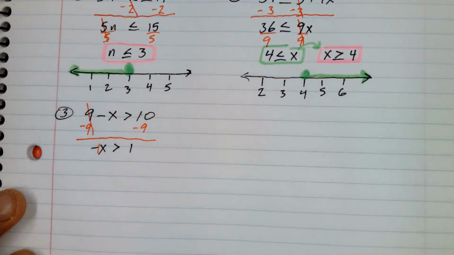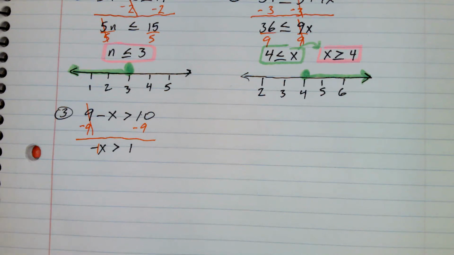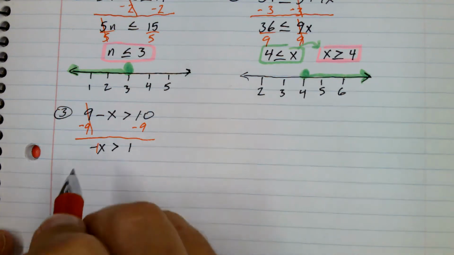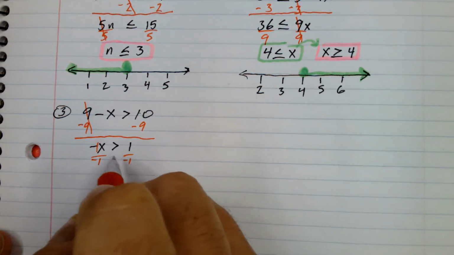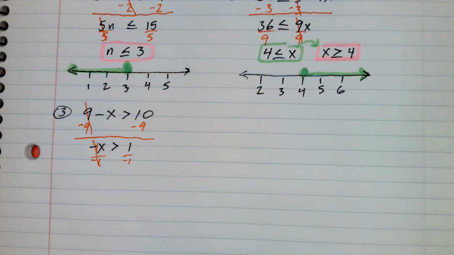I can always put a 1 there. So what would get rid of that? It's -1 times x, guys. Yeah, you could think of it as dividing by -1. That would cancel here.